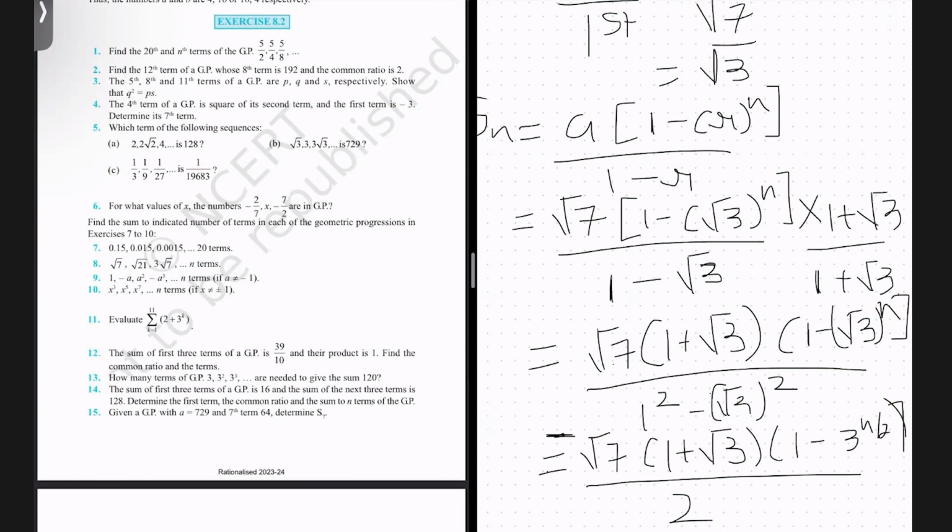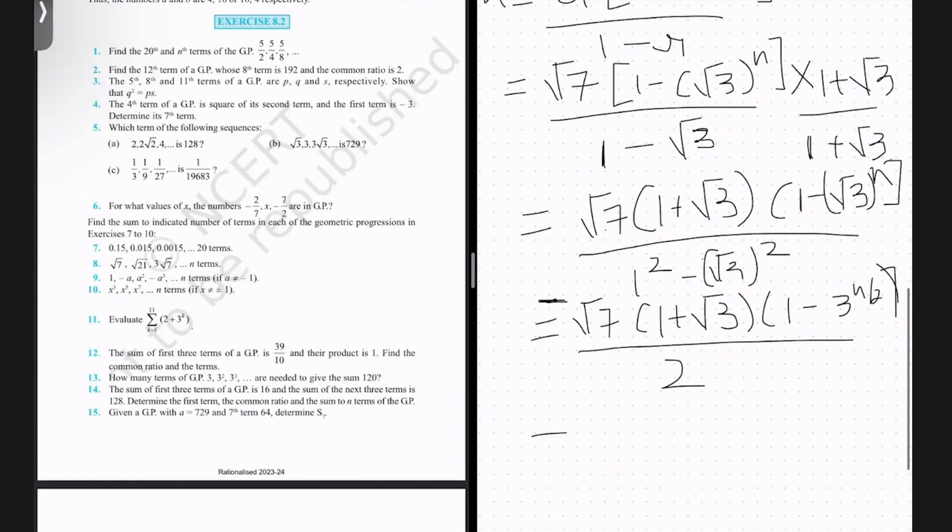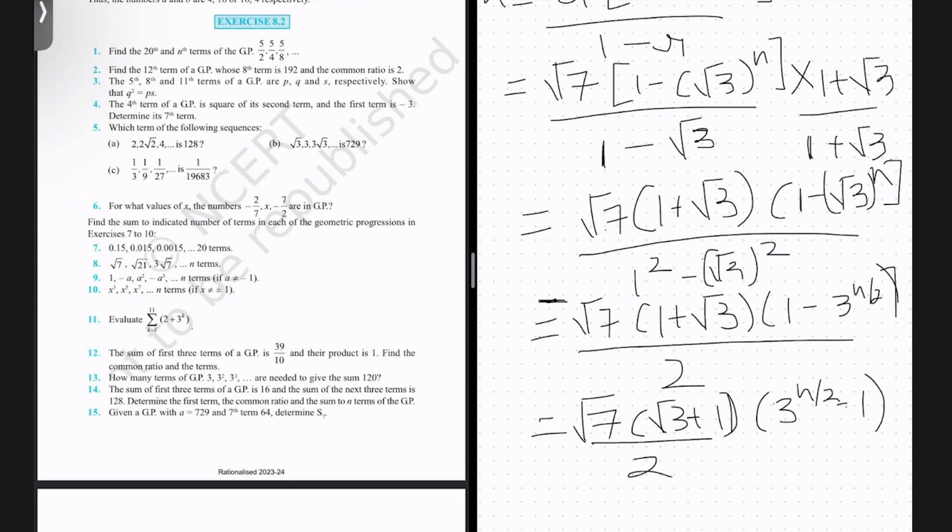Now let us propagate this negative sign into the bracket right here, and when you do that, the final answer that you're going to obtain is root 7 multiplied by root 3 plus 1 divided by 2, times 3 raised to the power n by 2 minus 1, and this is going to be your sum for the nth term. Correct.